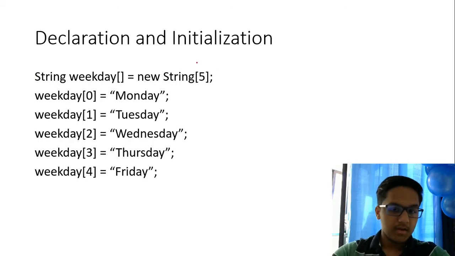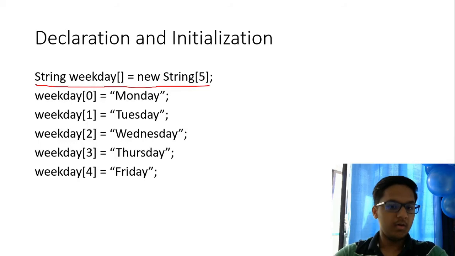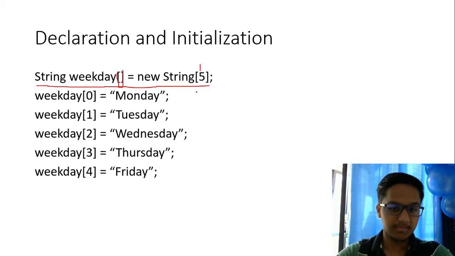You'll understand better. Over here, we have declared a string array weekday, which has 5 elements. So 5 elements, and its data type is string. Its name is weekday. And we know it's an array because it has these open, closed square brackets. Now, all of the 5 elements in this currently have null because it's default. We haven't initialized it.